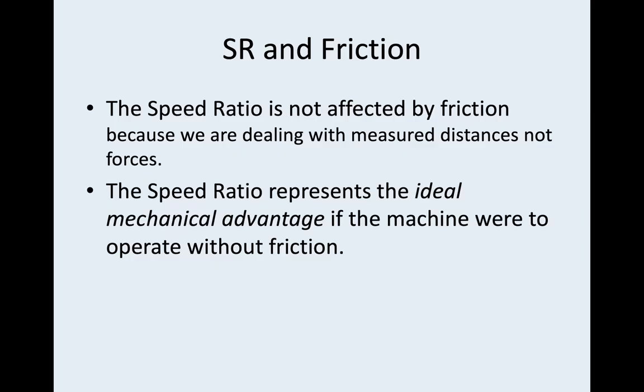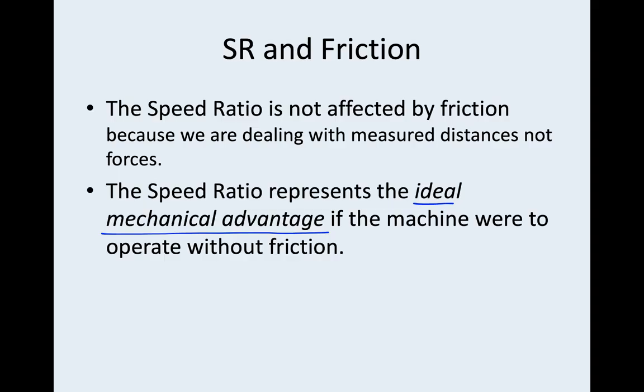And that leads us to this comparison. Speed ratio is not affected by friction because we're measuring distances, not forces. Mechanical advantage uses forces, so it is being affected. We have this friction in there that's losing efficiency. So that's why speed ratio represents the ideal mechanical advantage.